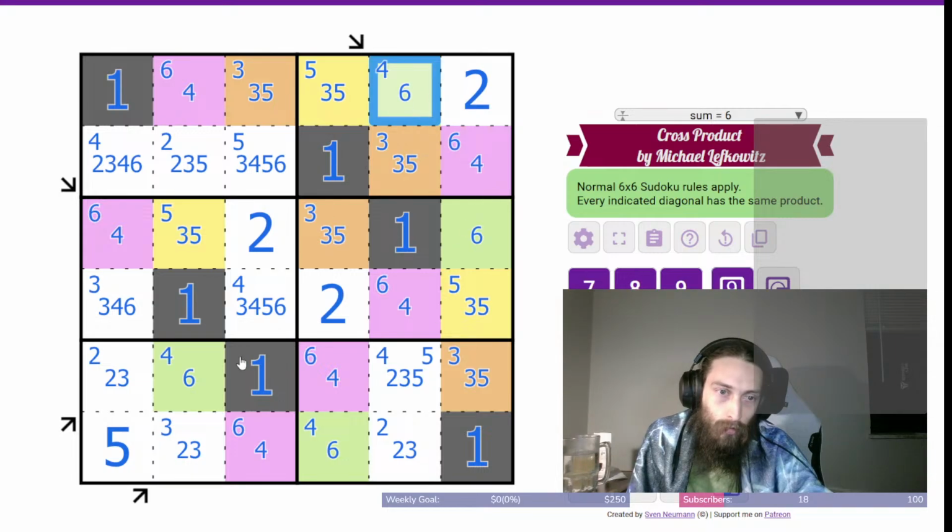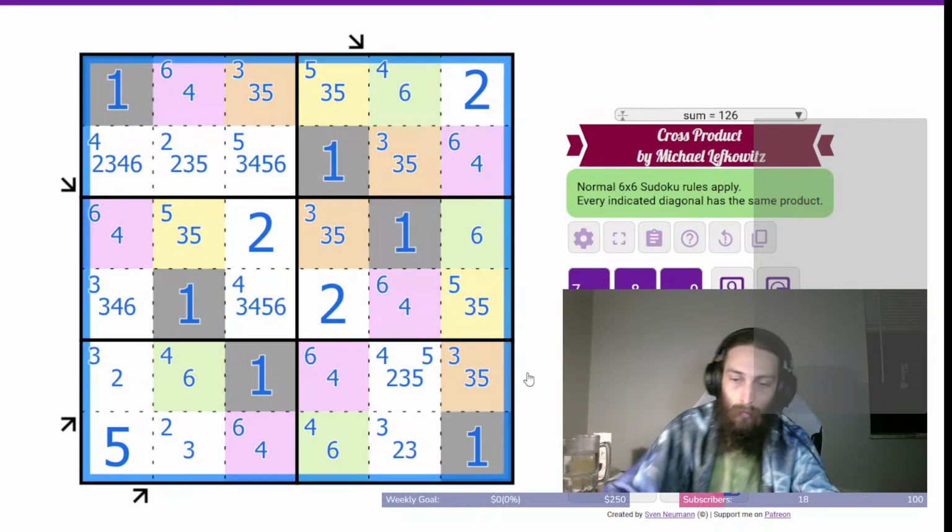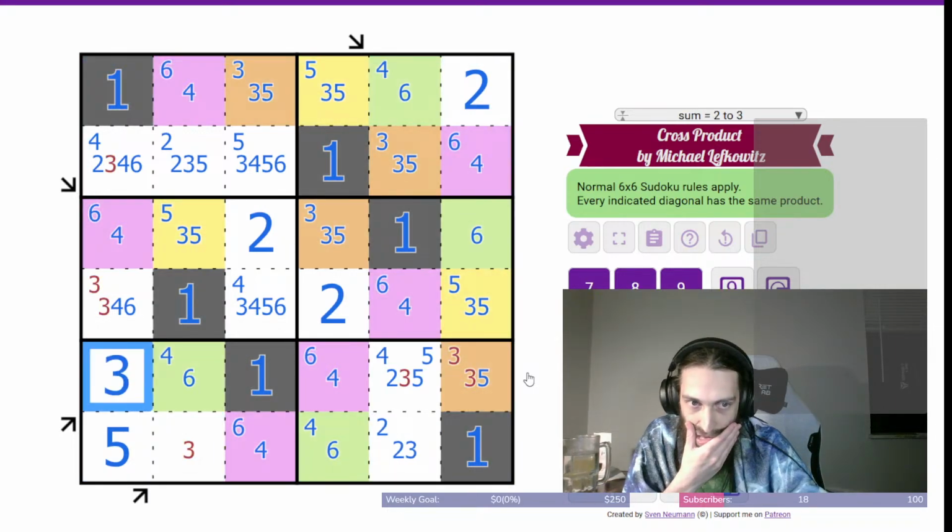This one is 6. This one is 3. Right. Means I have these backwards. That's a 6. That's a 3. That's 6. That's 3. Wait, hold on. I messed everything up.